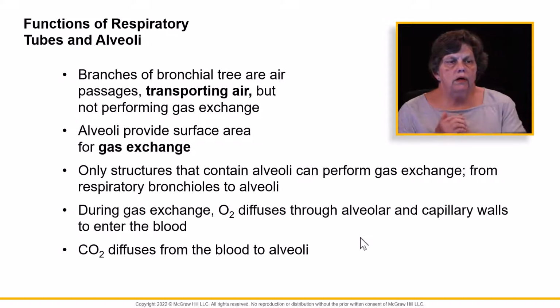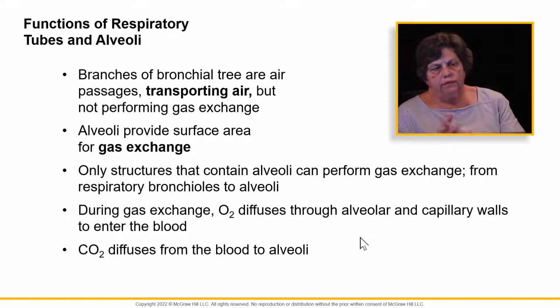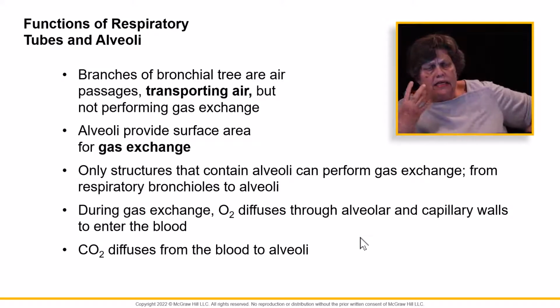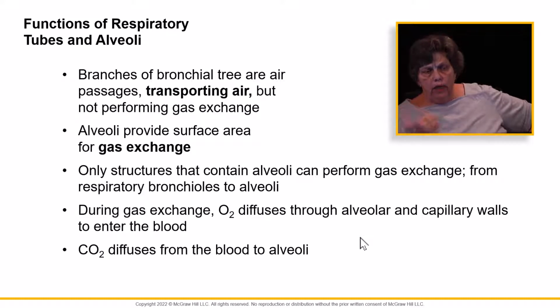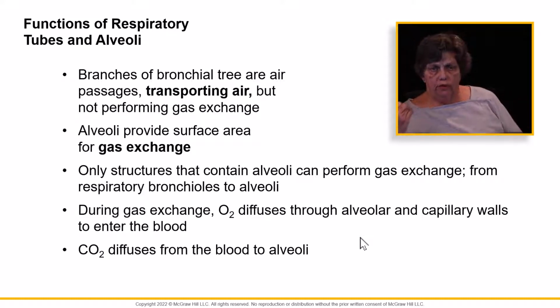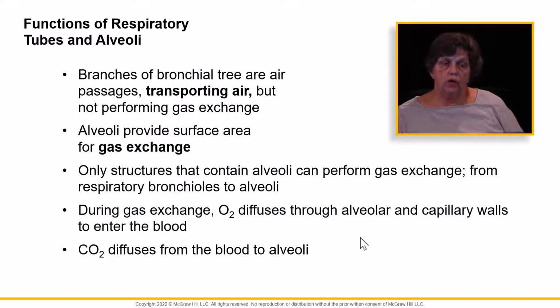All right, so functions of the alveoli. As I said, we're basically just transporting air down, and when we get to the alveoli, what we're trying to do is provide surface area. We have to have a lot of surface area for this gas exchange to occur.